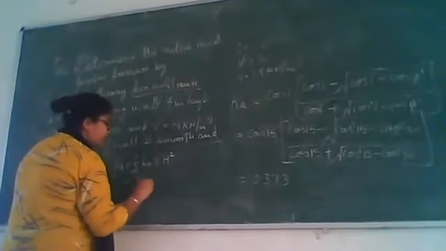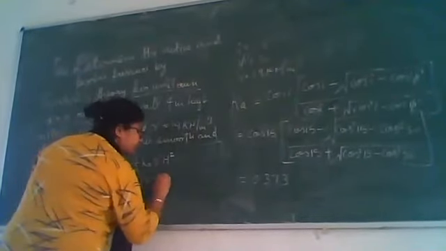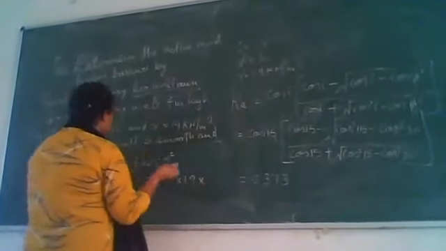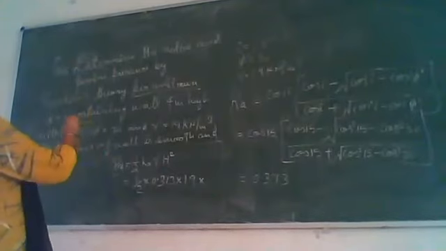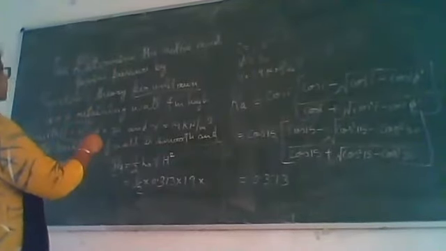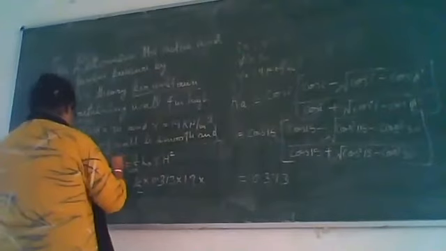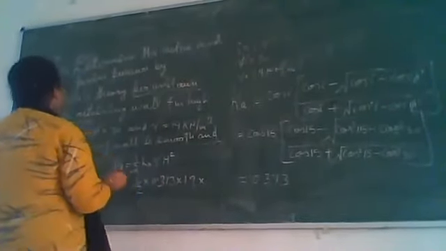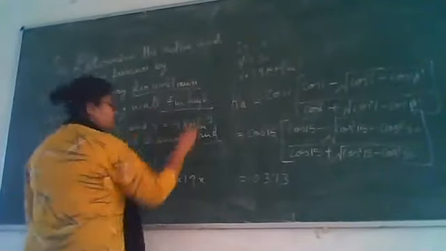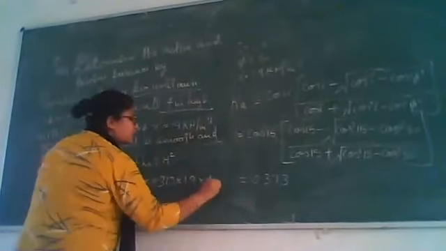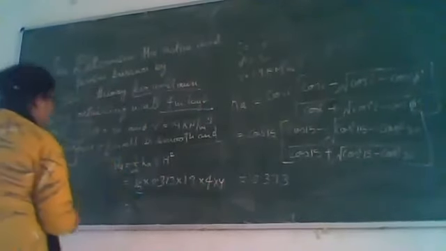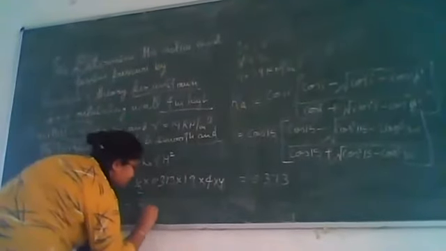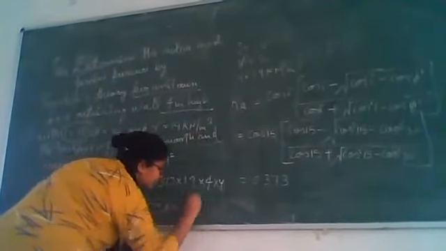Ka is 0.373, gamma is 19 given, and H is 4 meter. After solving, my value is 56.7 kilonewton. Answer.